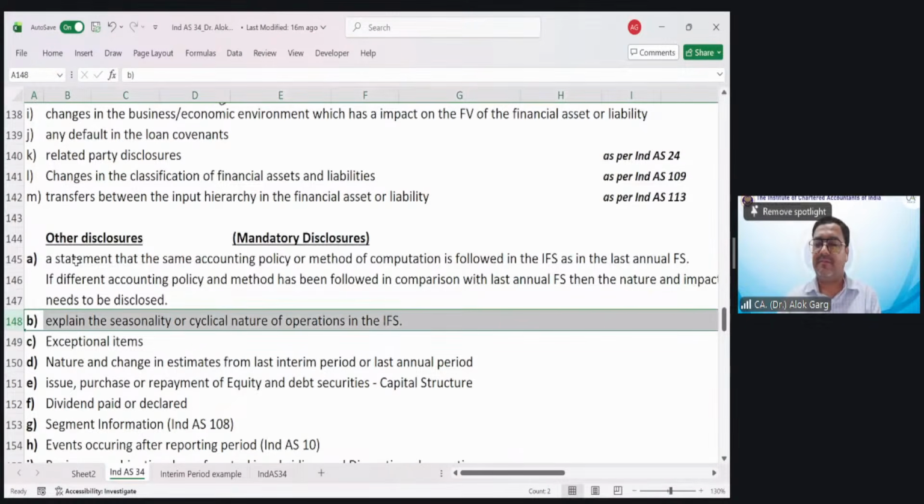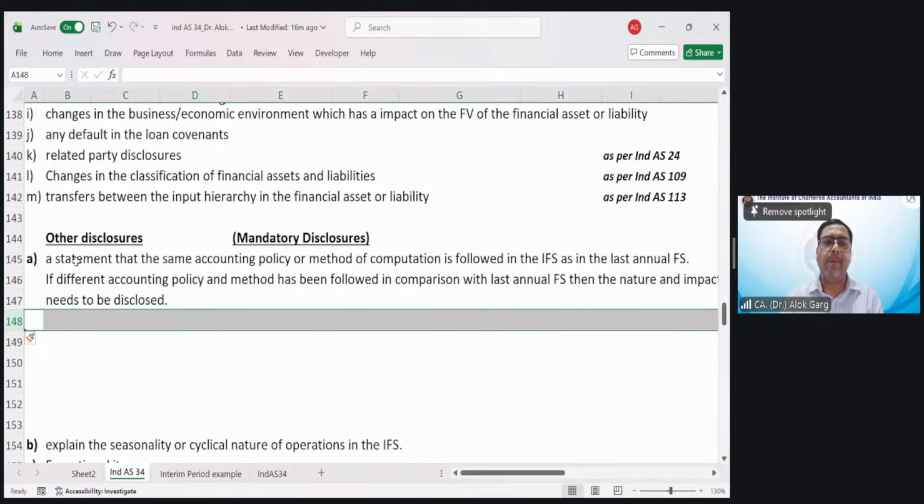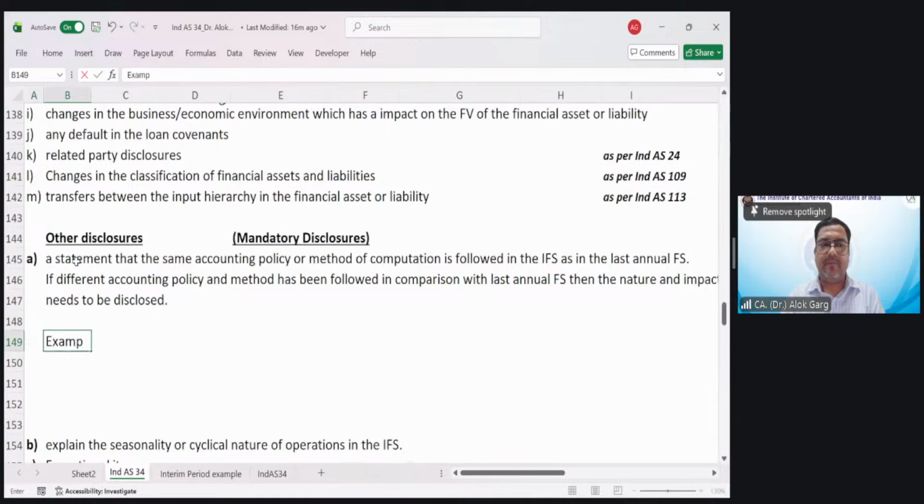Is that clear? Yes. For example, Rohan Limited has prepared and published its year-end FS for 31st March 2026.